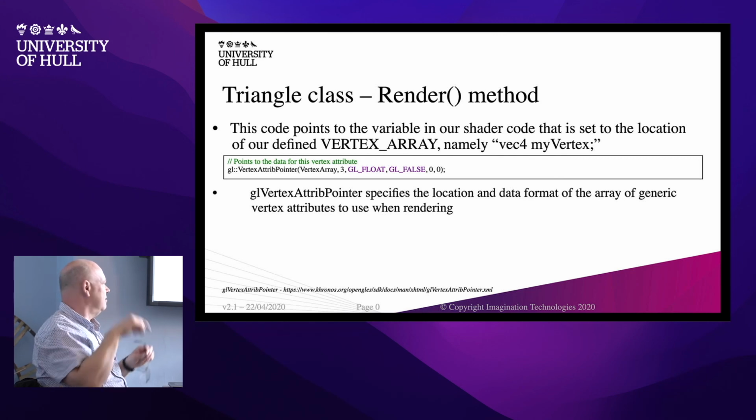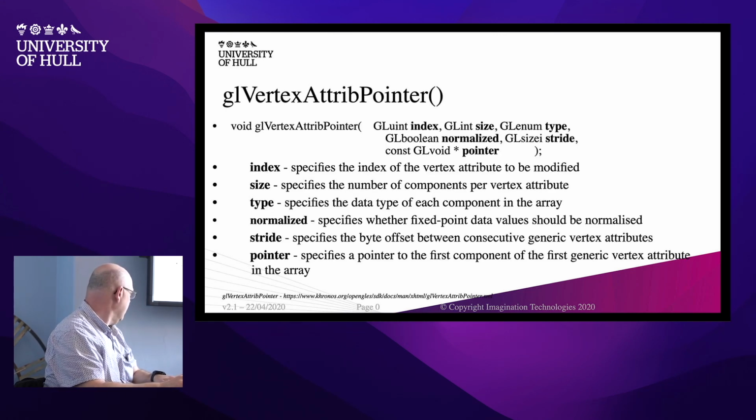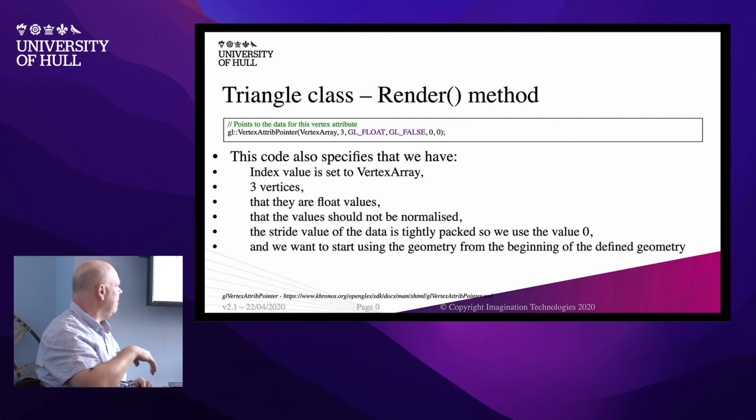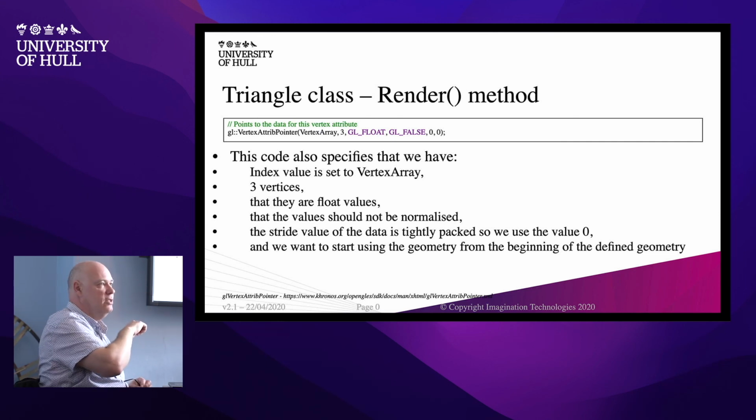They'll all be between 0 and 1. So that doesn't make any sense. And then we've got the stride and pointer. Now, we don't care about the stride at the moment, so I'm not really going to mention it too much. In the next session, when we have texture coordinates, we very much need to work out what the stride is and so on. And the last one is just where do we start drawing from? Well, we want to start from the very first one.